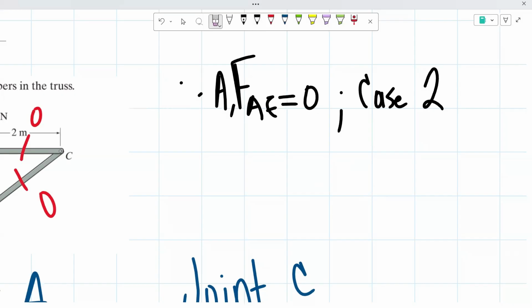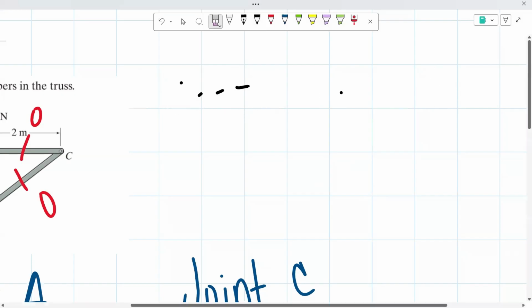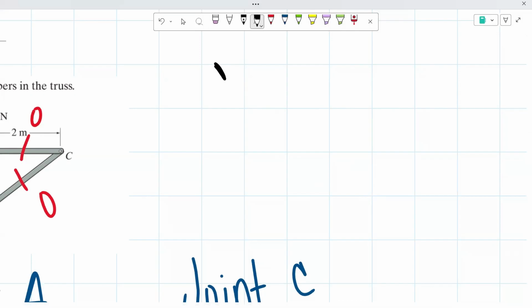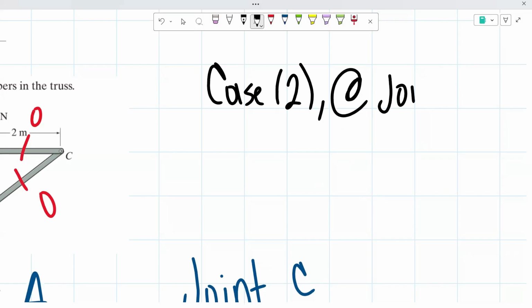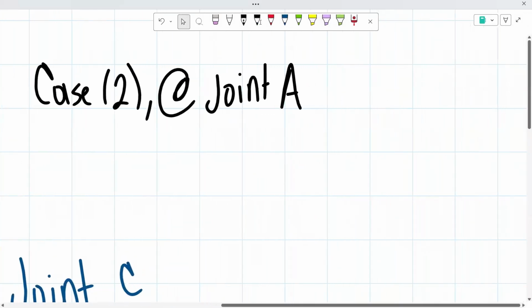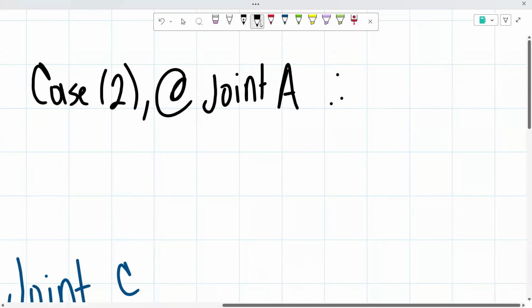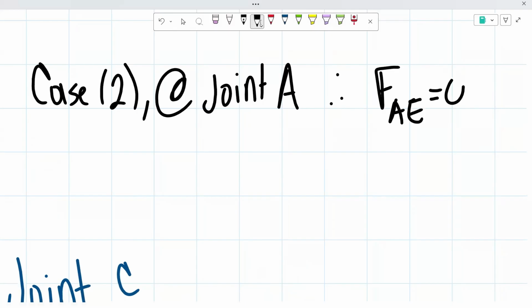Here, let me rewrite this in a different way, actually. So we have a case 2, which is the windshield wiper case, at joint A. Therefore, the force of the member AE equals 0.